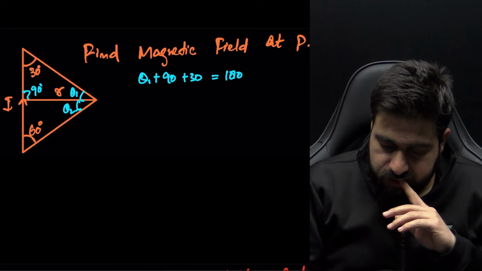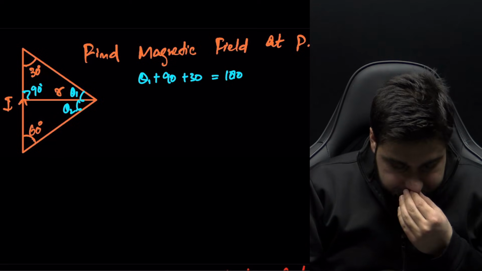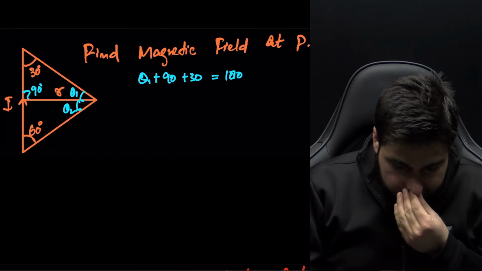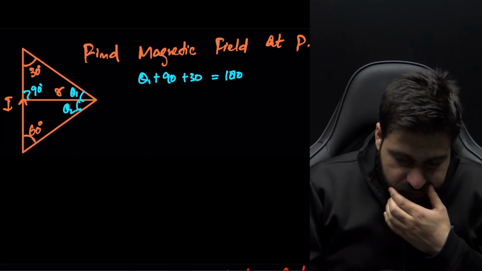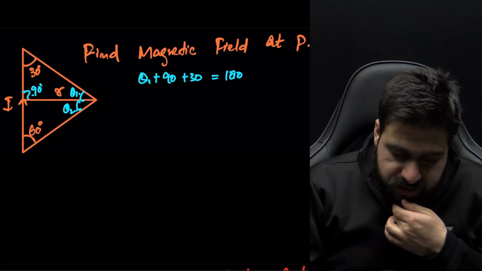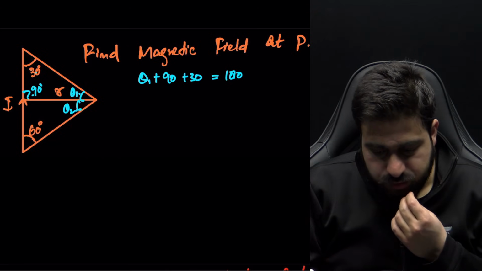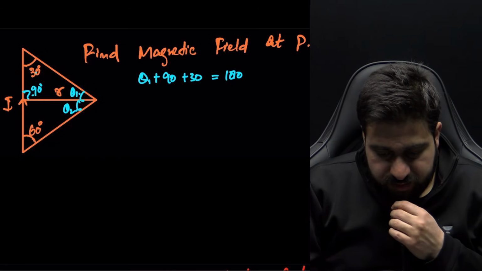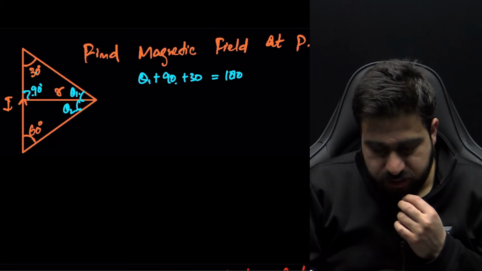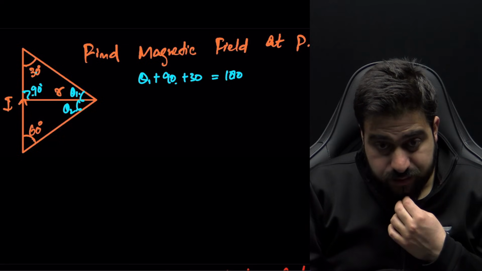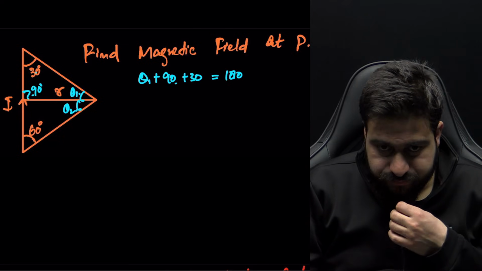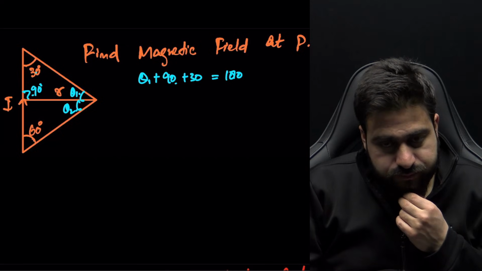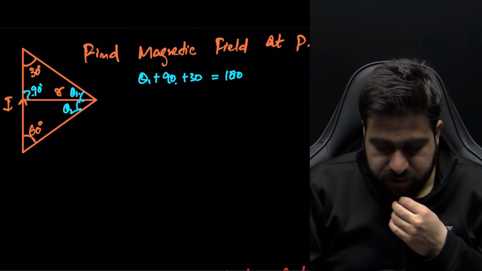So theta 1 plus 90 plus 30 will be equal to 180. 90 plus 30 is 120. 180 minus 120 is 60.